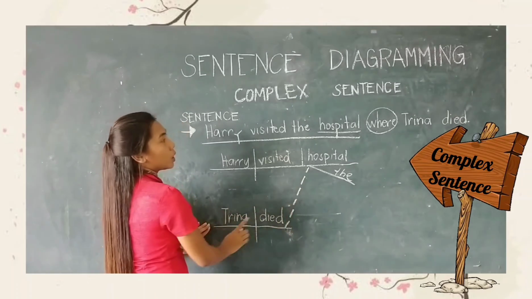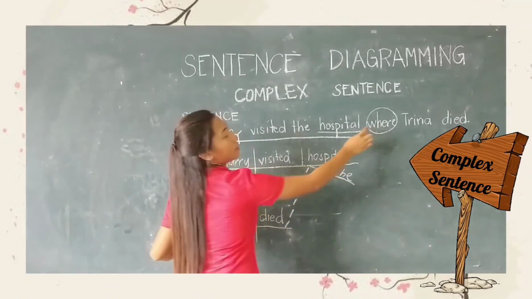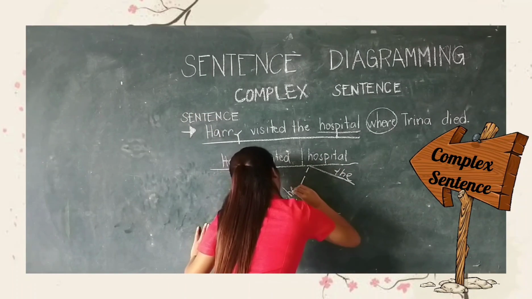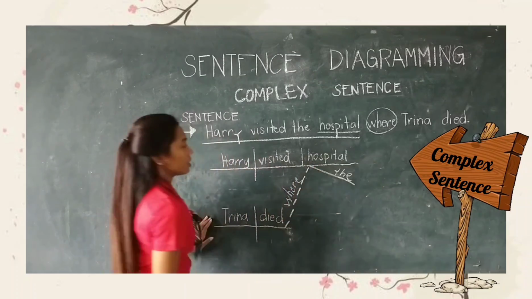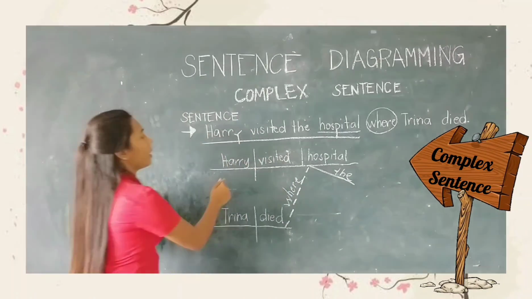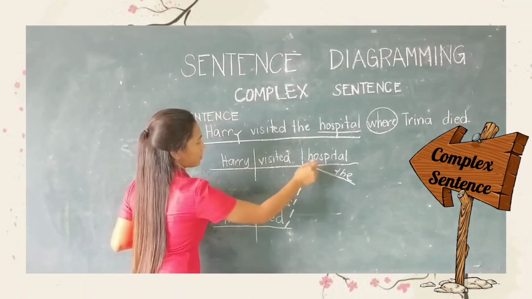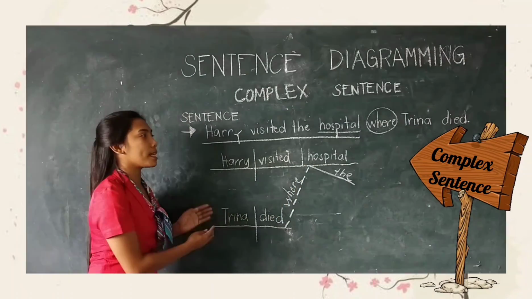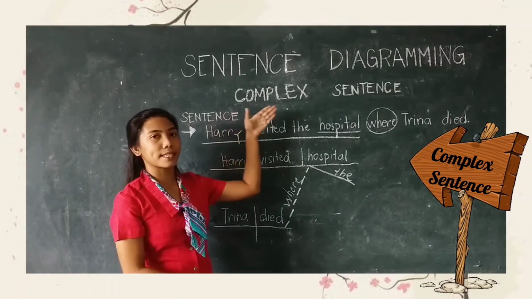This dashed line is where we will put the word where. So let us check. Harry visited the hospital where Trina died. So this is how we diagram a complex sentence.